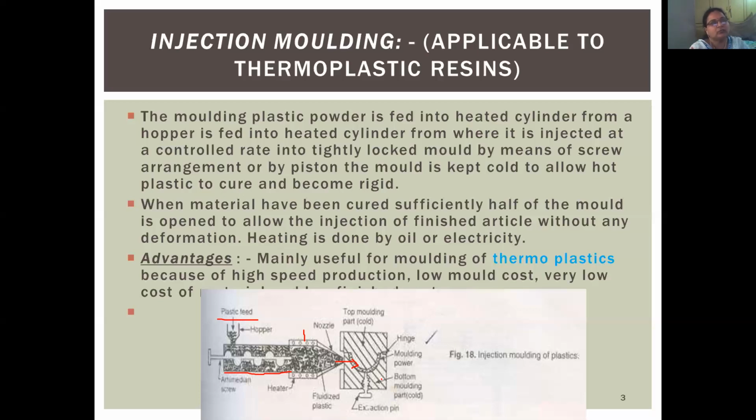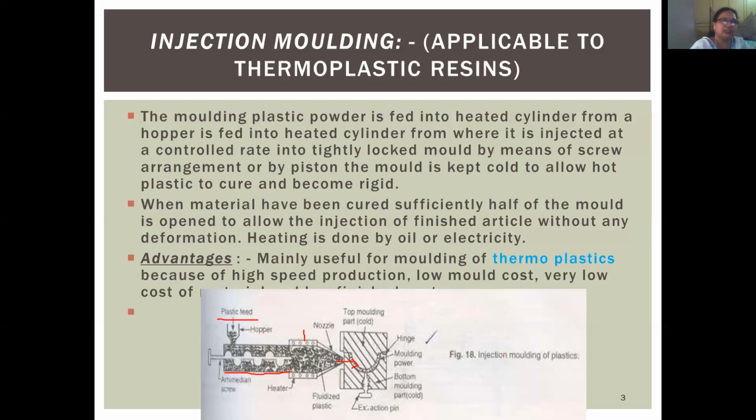So the advantages here are mainly useful for molding of thermoplastic materials, and because of high speed production and low mold cost, this injection molding technique is very useful. This injection molding technique is used to prepare DVD discs. So DVD discs are made through this injection molding process.